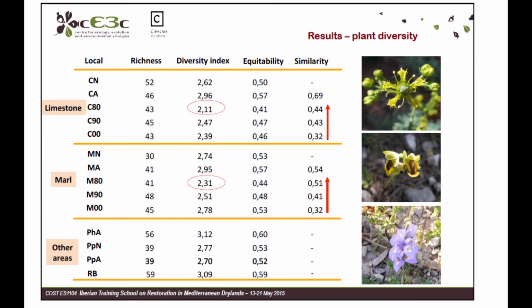But when you look at the species assemblage, you can see that the similarity, even if it's not too big, is increasing with time, both in limestone and in marl.